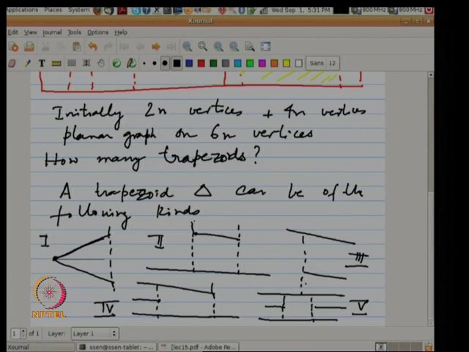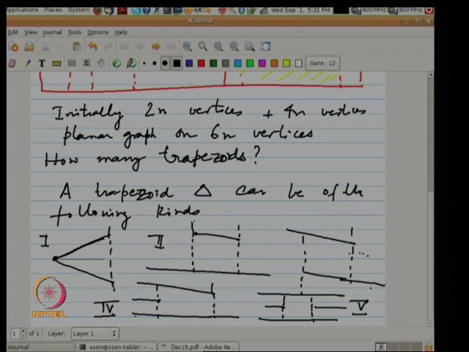No, sorry, just a moment. No, wait a minute. This is not different. So, the difference between 2 and 3 is that in 2 the 2 vertical lines are defined by one of the segments. In 3, the 2 vertical lines are defined by the 2 segments, right.